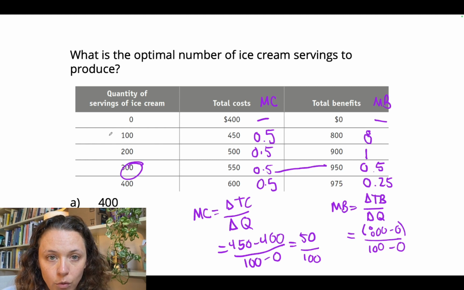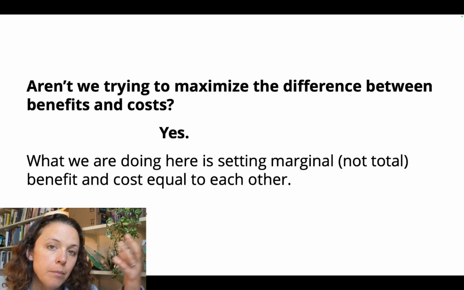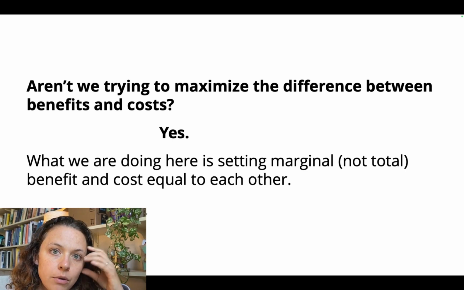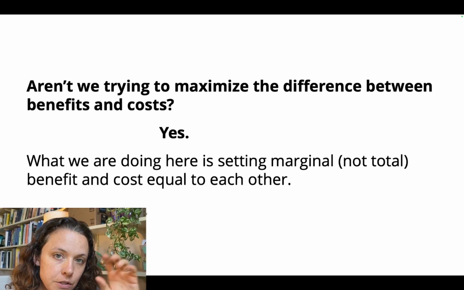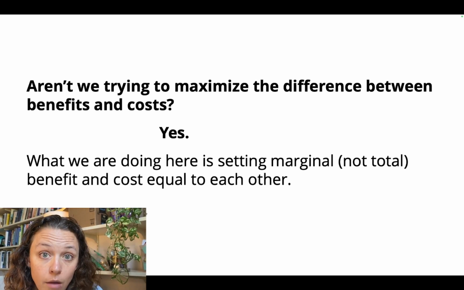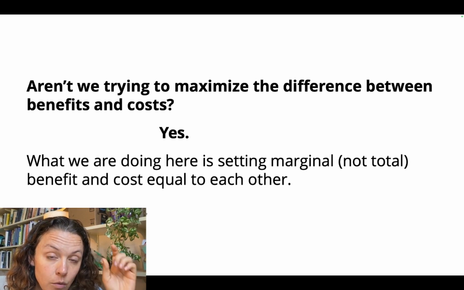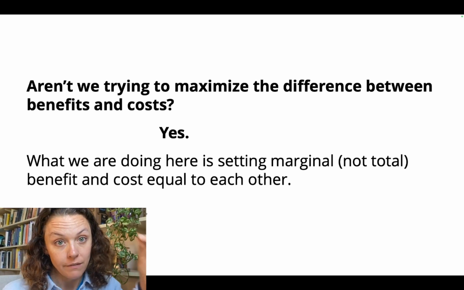So using this method, we can see that this is where they're equal, and so we're going to get the same answer as before. Now, one thing that gets a little bit complicated is that when we're thinking about profits, we're thinking about the benefits versus the costs, right? We want the benefits to be as big as possible and the costs to be as small as possible. And so we're trying to maximize the difference. Now, that doesn't mean we're maximizing the difference between the marginal benefit and the marginal cost.